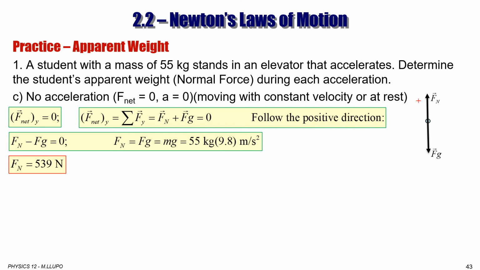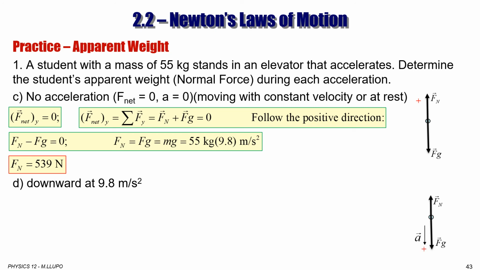Okay, so next one, what will happen if the student is in free fall? Let's see. We draw a free body diagram as always. So we have two forces, Fg and Fn, and acceleration is going downward. That will be the positive direction. So we follow the same steps. F net y is equal to ma. Why? Because it's accelerating. It's the second Newton law this time.